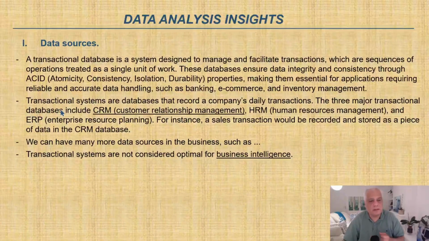That's it. Transactional systems are databases that record a company's daily transactions. The three major transactional databases include CRM, Customer Relationship Management, HRM, Human Resources Management, and ERP, Enterprise Resource Planning. For instance, a sales transaction could be recorded and stored as a piece of data in the CRM database.